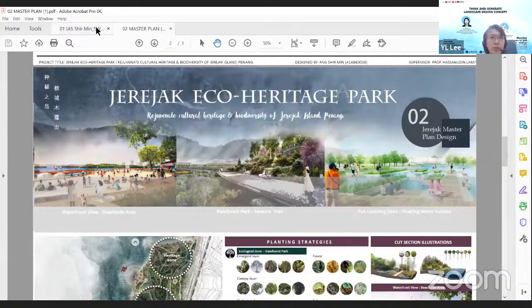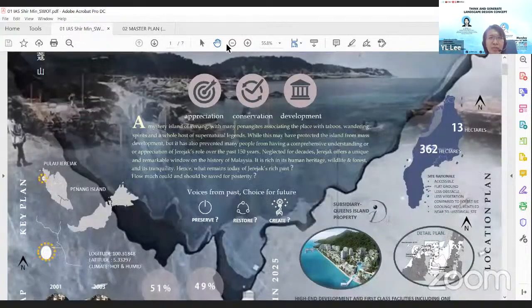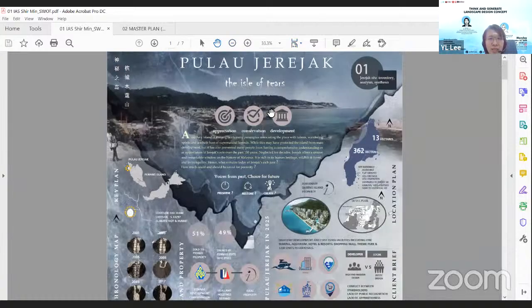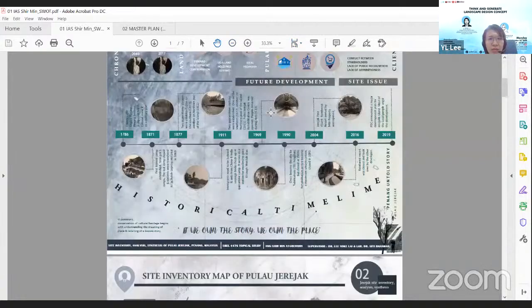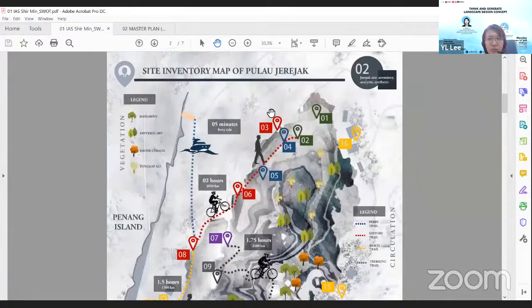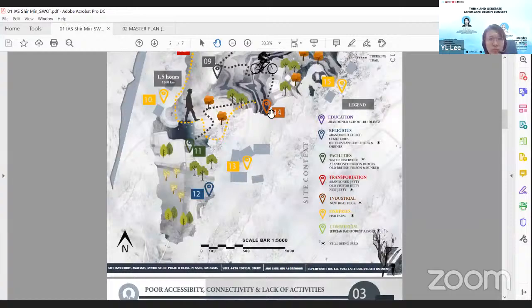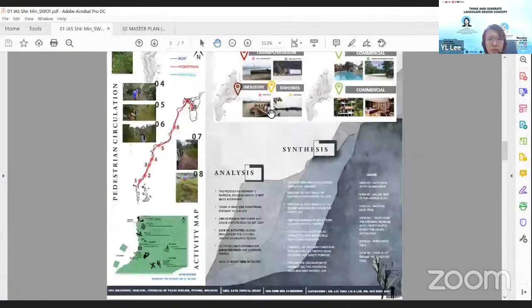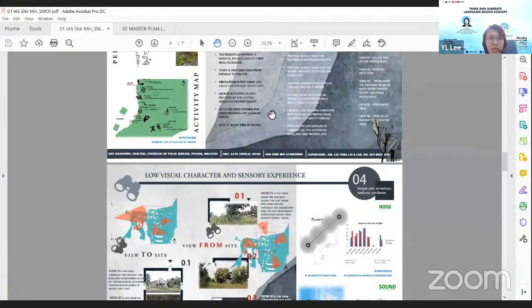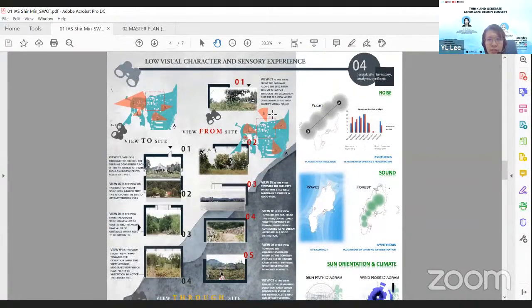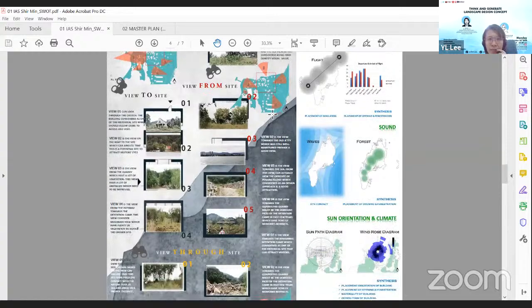Okay, sorry, I think I should show you the inventory first. That one is a product. Okay, this is her inventory. Her analysis and synthesis, visual studies, is important because in landscape, visuals are much more related to aesthetic value.